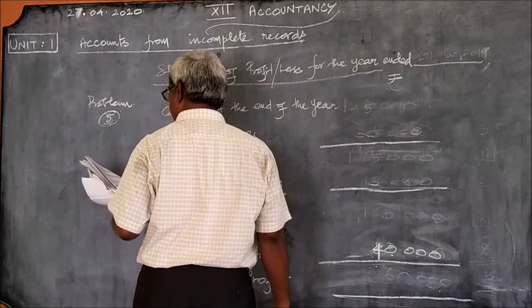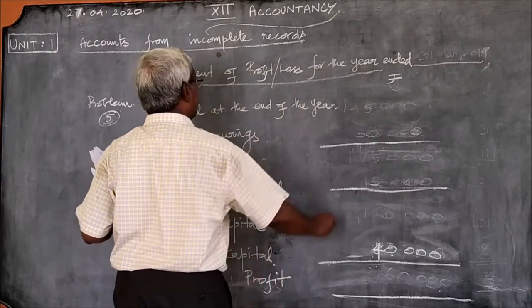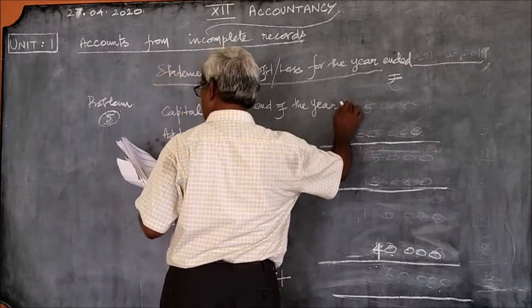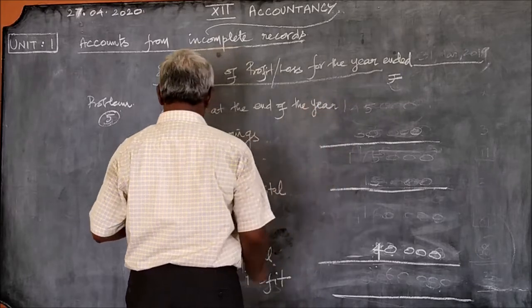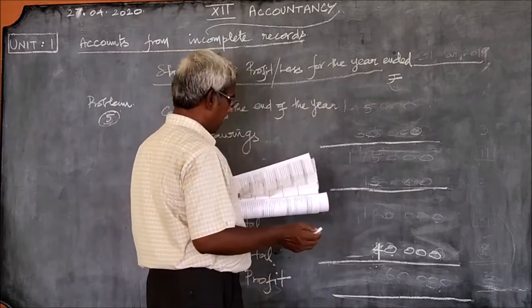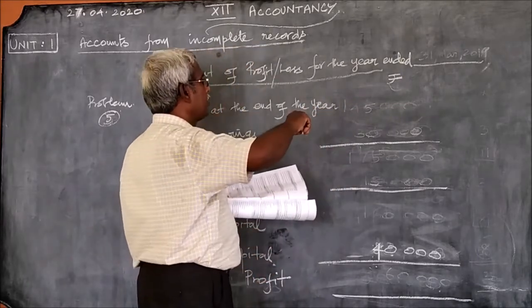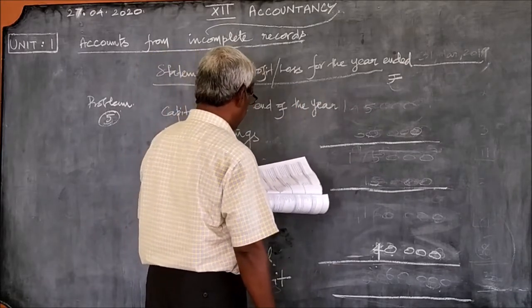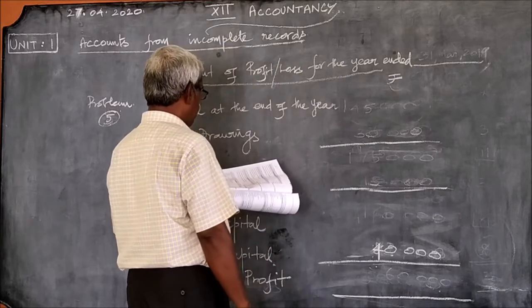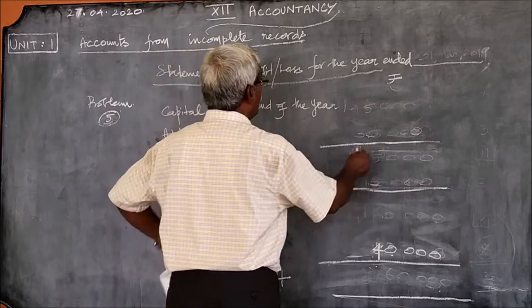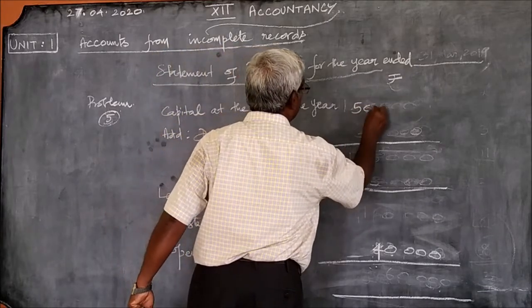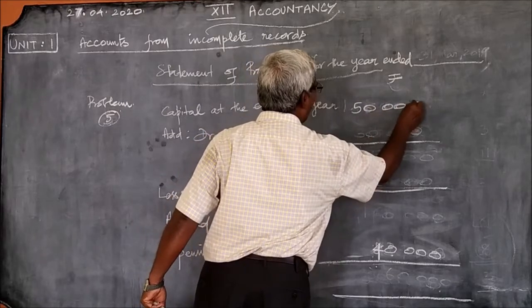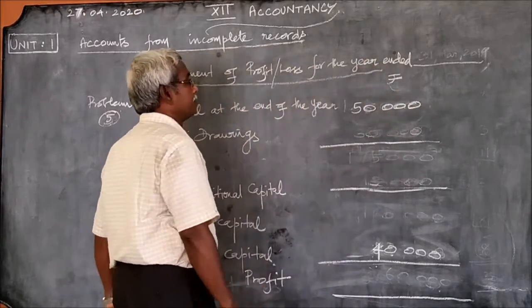Capital as on 31st March 2019: if the accounting year begins with April and ends with March, then March of the next year is the closing date. Therefore, 31st March 2019 closing capital is 50,000.